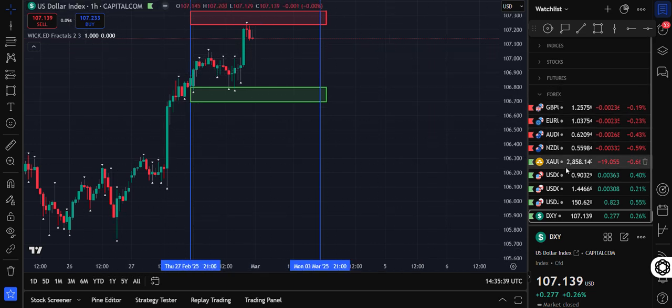So you can look at how the other ones, the opposites or the same ones, will be performing. For example, GBP USD, if the US dollar index is going up, typically that means the GBP USD or Euro USD or any of the opposite USD pairs will be going down, and then obviously same as the other way around as well. So if this is going up, these will be going up as well.